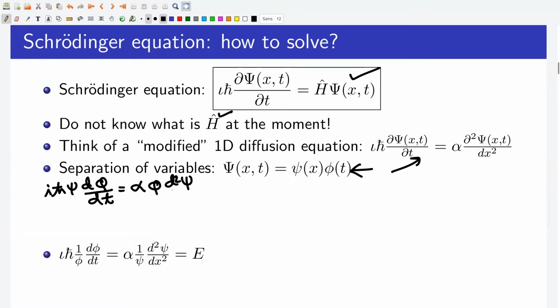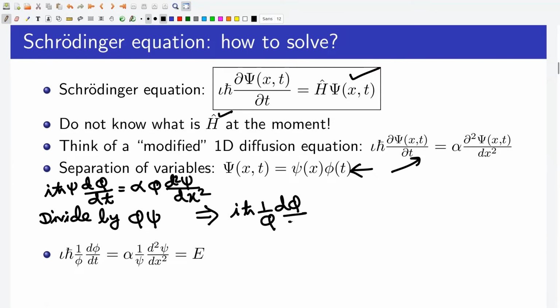d²psi/dx². Now divide both the sides by psi times phi. So if we do that, what we get is i h-cross (1/phi) dphi/dt equals alpha times (1/psi) d²psi/dx².